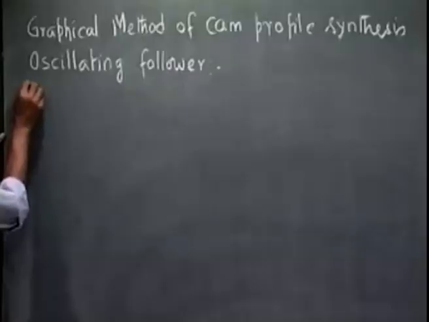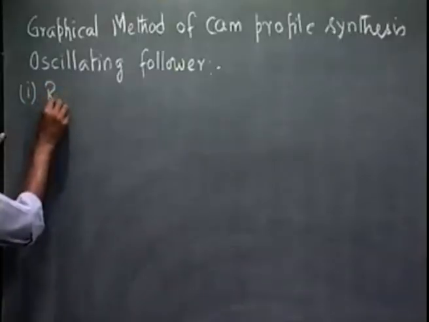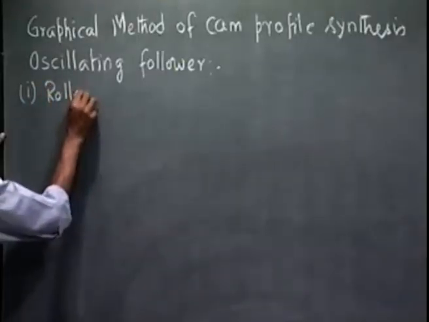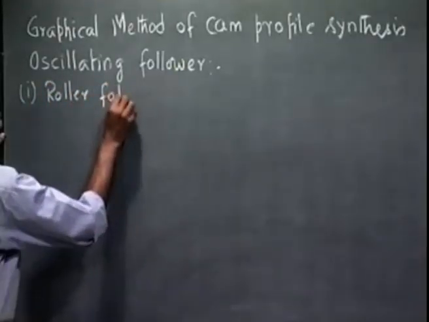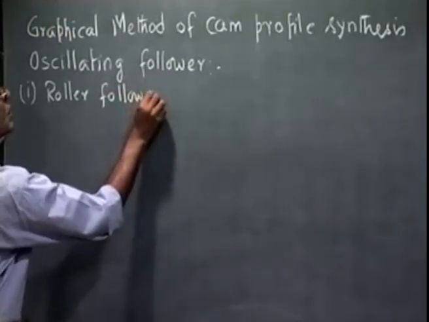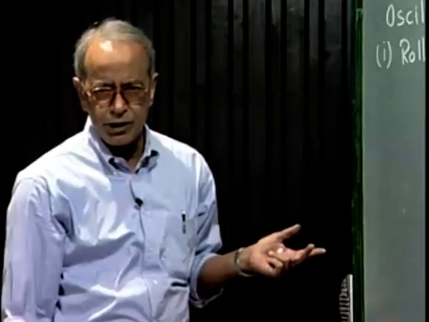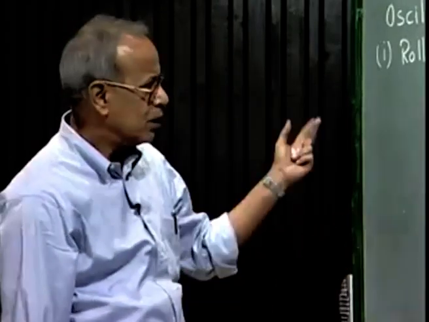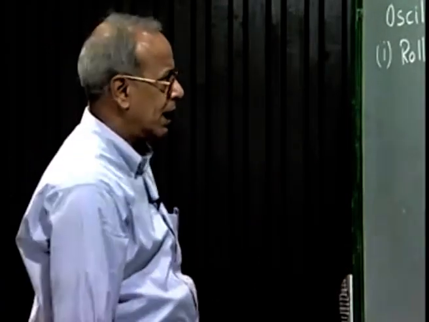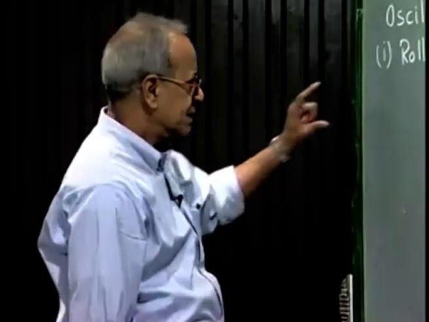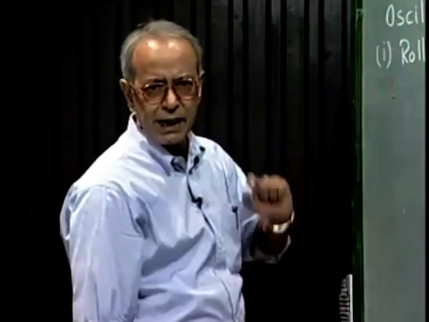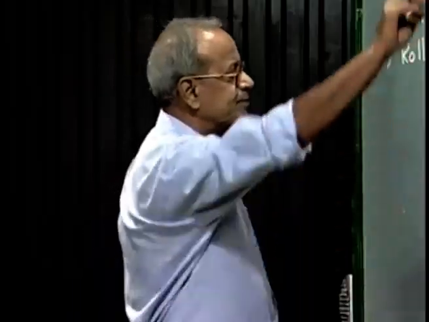So first let me take a roller follower. Of course, we assume all the required geometric dimensions like RB, RR, all these things are already known, and the displacement function or displacement diagram is given to us.